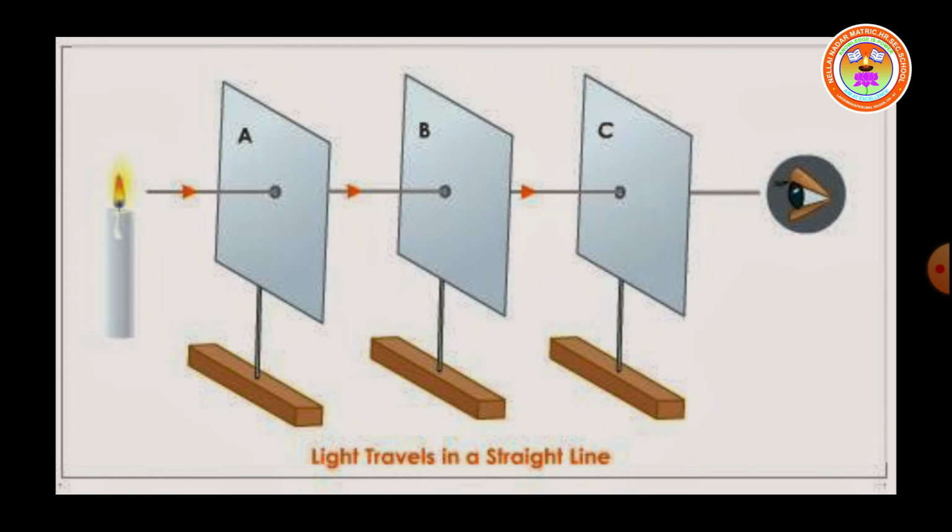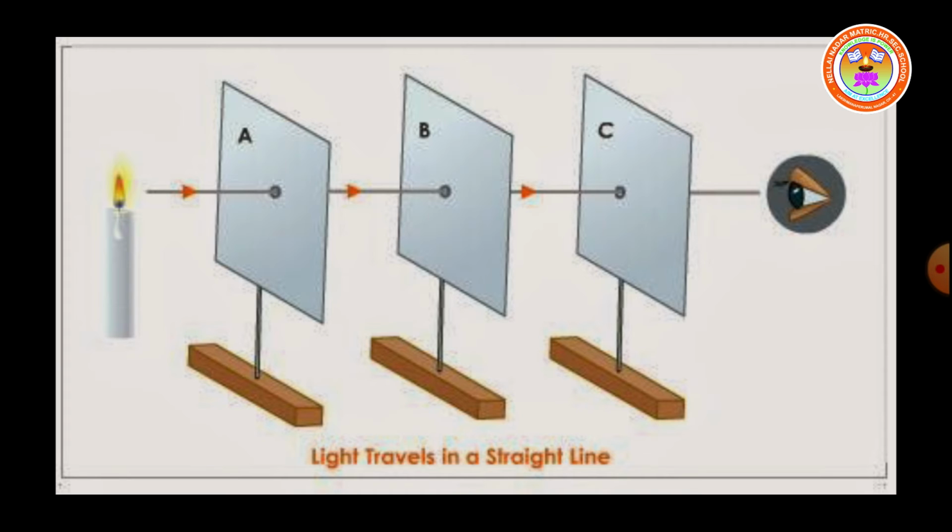Is the flame visible? Yes, of course, the flame is visible in this arrangement. Now, arrange the trays in such a way that they are not at the same height. Try to see the flame. Is it visible? No, it is not visible.